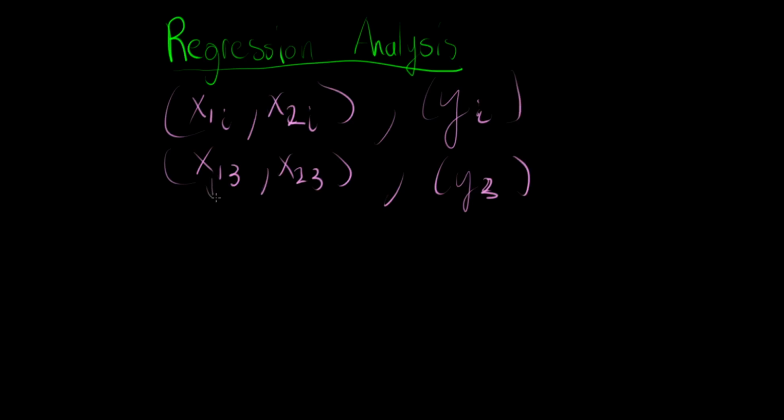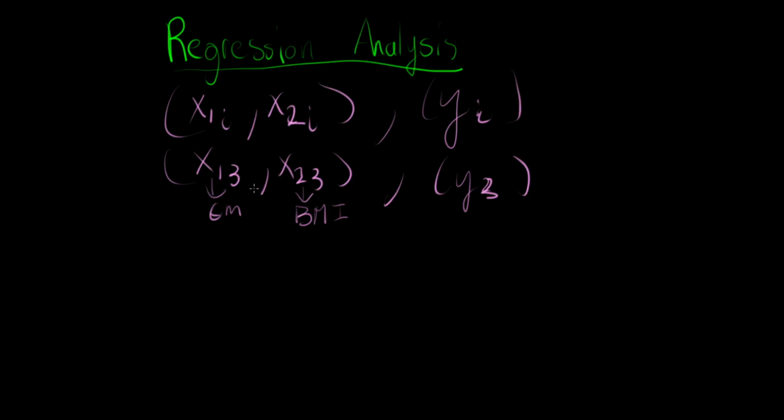That's a measurement in cm, this is in BMI, whatever measurement they use, so they'll have the value of x23, that's the third person's BMI, and the third person's weight, which is y3.